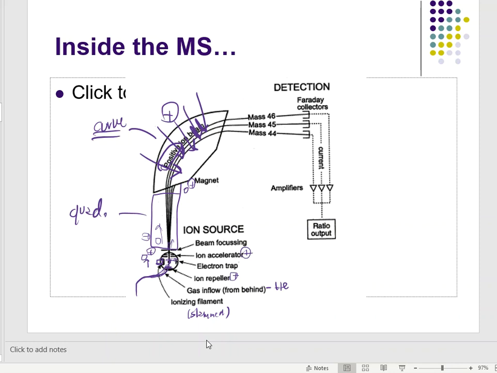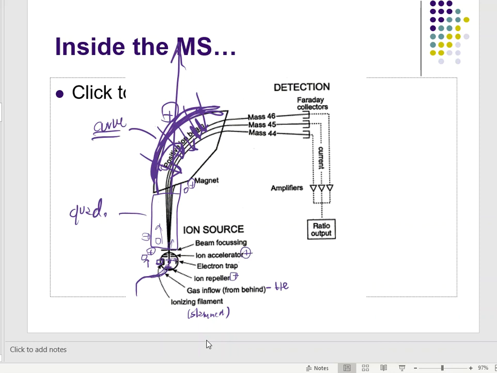Otherwise, what would happen is that these positive pieces would just go straight through. We don't want that to happen. We want them to turn the curve. So because of that, we load this plate with a positive charge, and that keeps it pushed away, right? Positive and positive, they repel each other. Again, I told you there's magnets everywhere.